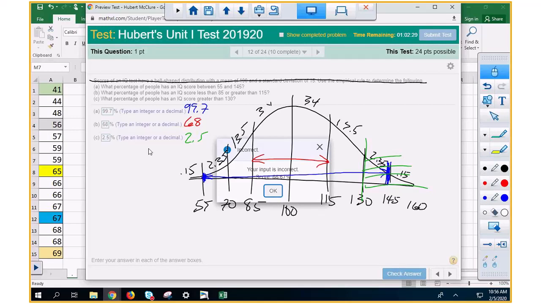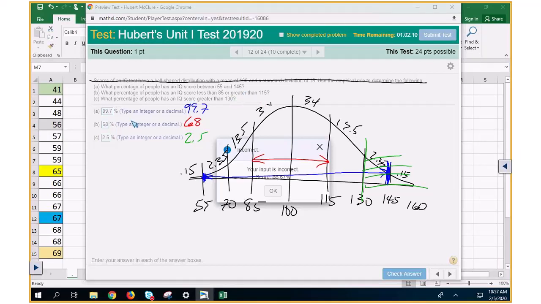It's supposed to be 99.85, but okay. I think the middle ones are wrong. It's less than 85 and greater than 160. Oh, I thought it meant between 85 and 115. I'm sorry. Somebody give me the answer to B then.